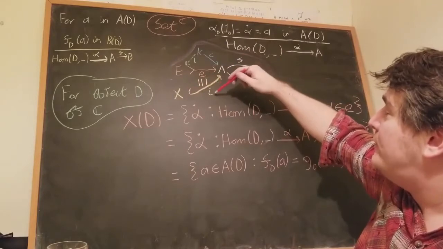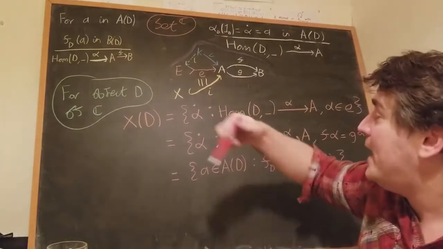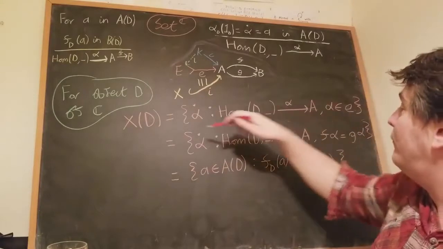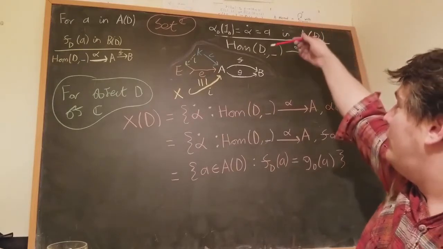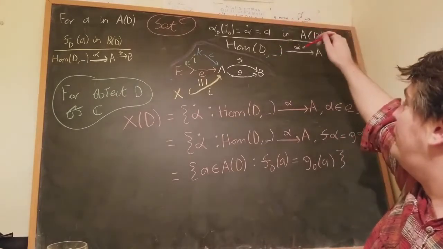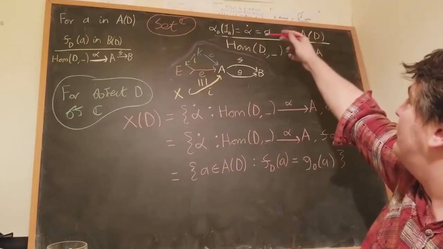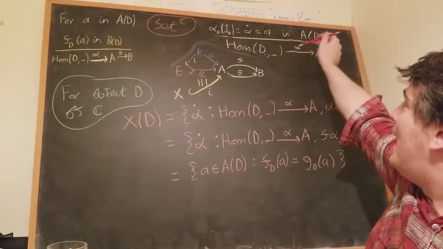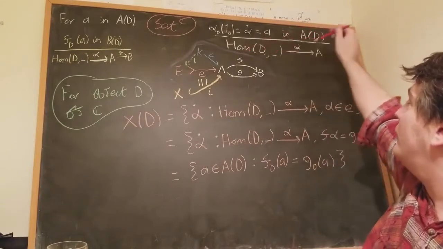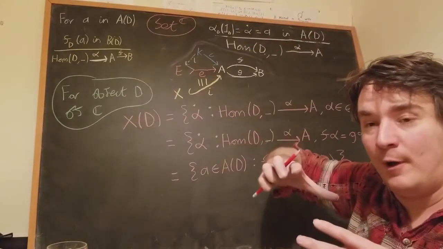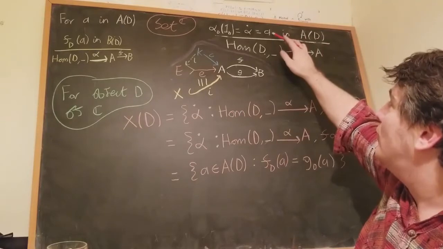Well, I of D is just an inclusion function, including X of D into A of D. And I've already described this form, but just to recap, the Yoneda lemma gives us this correspondence between arrows alpha from hom D comma blank to A and elements little a of A of D. So according to the Yoneda lemma, say we have this arrow alpha from this hom functor into capital A. Well, that's going to correspond to a D-type element of capital A, an element we might call little a.